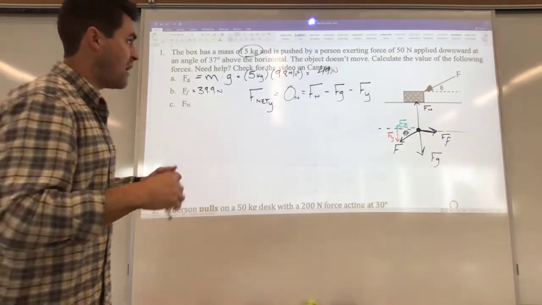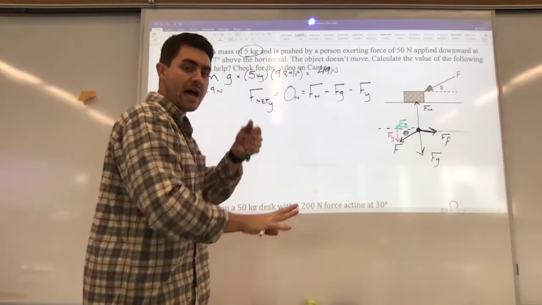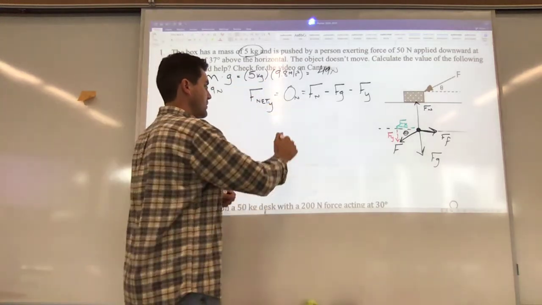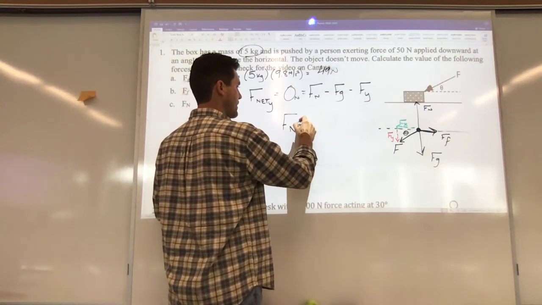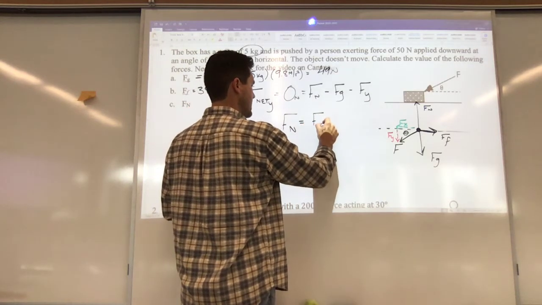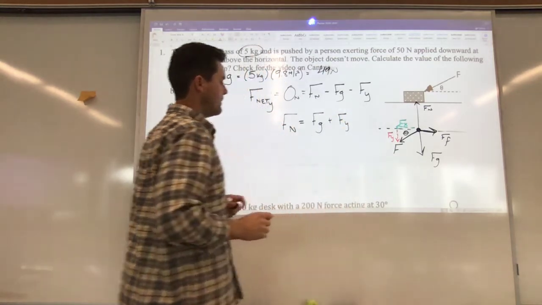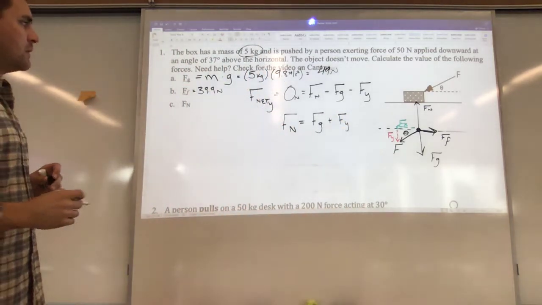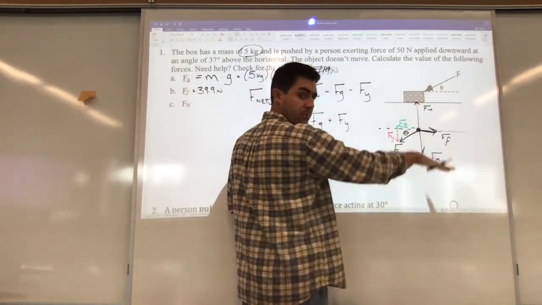Quickly, I can say all the forces pointed up should be equal to all the forces pointed down because together they net 0 newtons. So I'm going to make a quick algebraic change and say Fn equals Fg plus Fy.